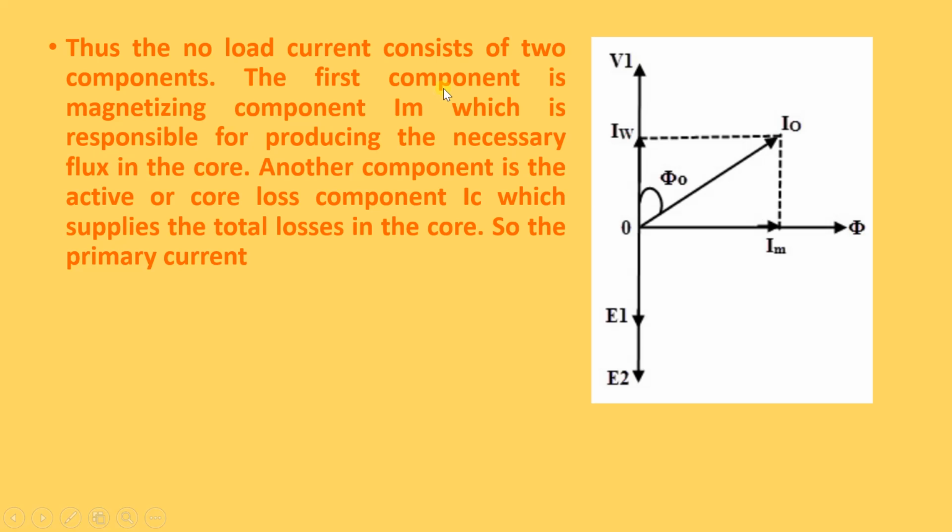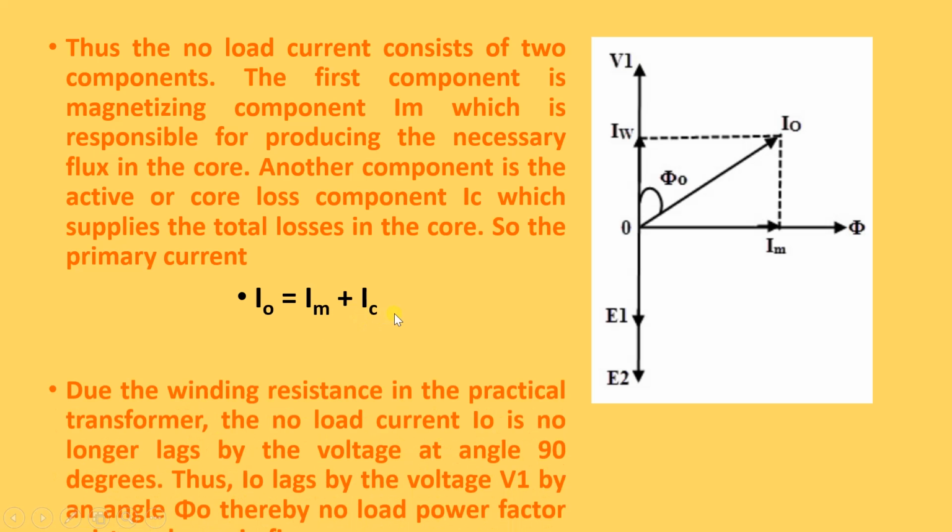The first component is the magnetizing component, written as Im, which is responsible for producing the necessary flux in the core. The other component is the active or core loss component, that is IC or IW, which supplies the total losses in the core. So the primary current is given by I0 equals Im plus IC.